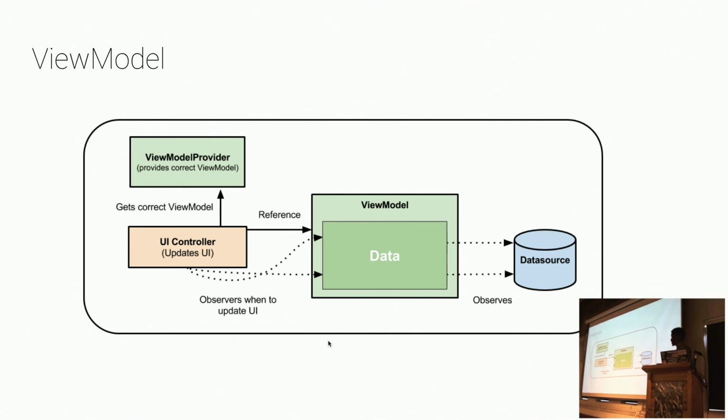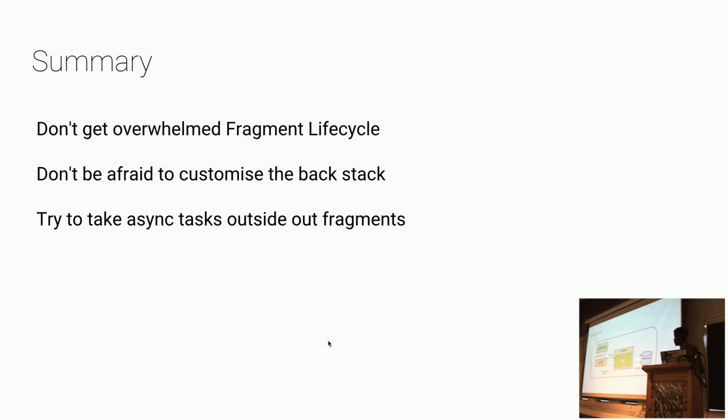Once again, we've solved that situation, because if our fragment is not available, it won't even be listening for the event in the first place. So that's the view model.